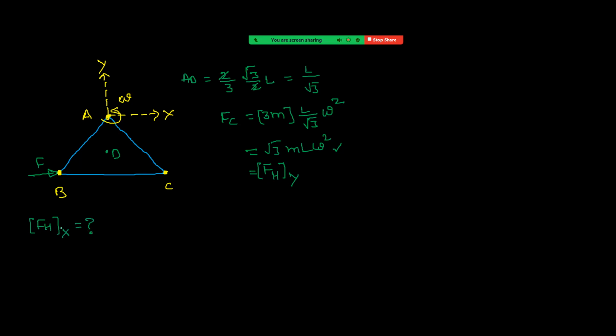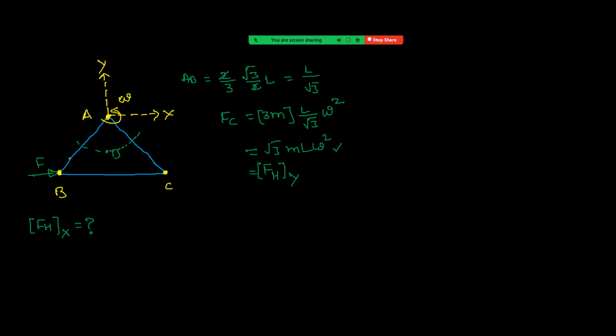Then see what we can do. Let us focus on the force equation along the x-axis. Now the center of mass follows a circular path like this. At this instant, the applied force is along the tangent, right? The hinge reaction may be along the positive x-axis or maybe along the negative x-axis, and we do not know that right now.